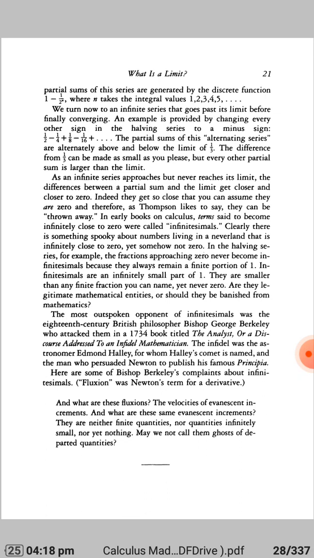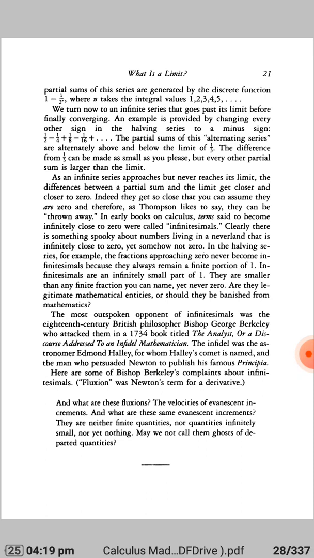In the halving series, for example, the fractions approaching zero never become infinitesimals because they always remain a finite portion of one. Infinitesimals are infinitely smaller parts of one. They are smaller than any finite fraction you can name, yet never zero. Are they legitimate mathematical entities, or should they be banished from mathematics?